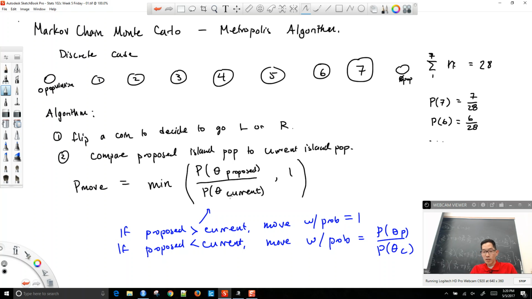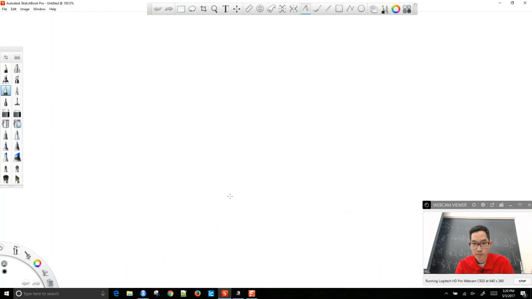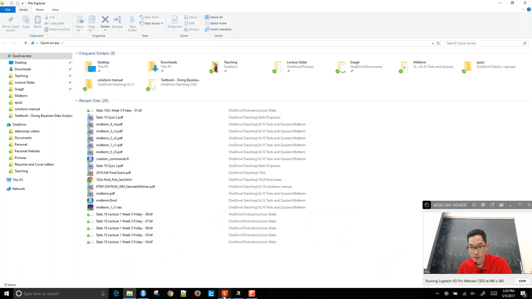Okay, and we drew some pictures, and we said, okay, if we start off at island 4, on the next turn we can end up at island 5 or island 3 or even at island 4, right? So let me pull that picture back up.